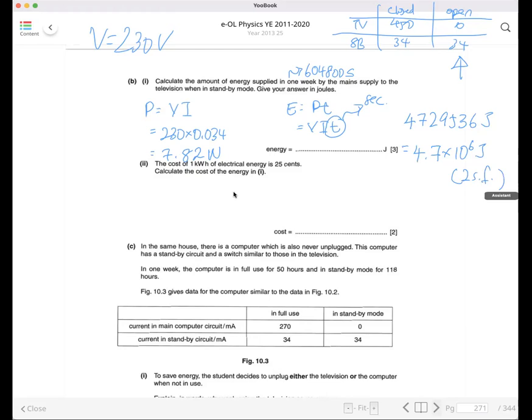Okay, everybody do part 2 now. What's the cost of energy in part 1?